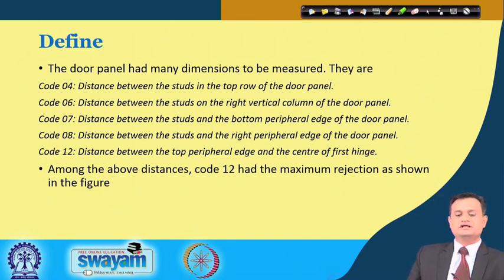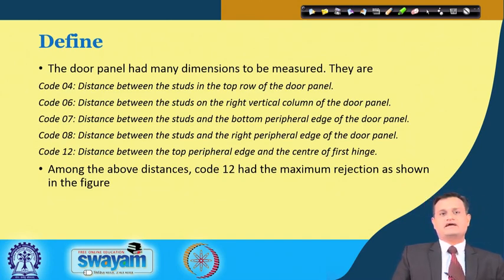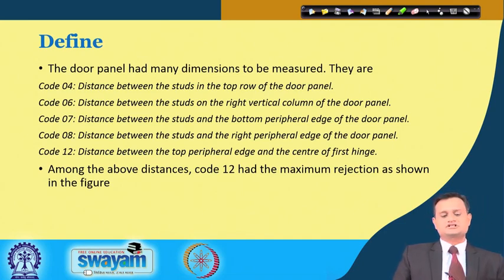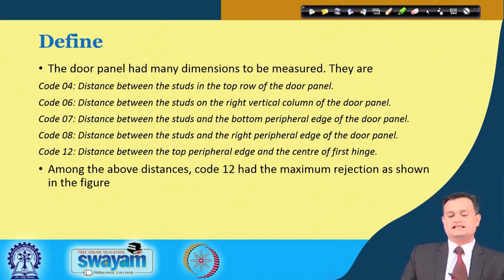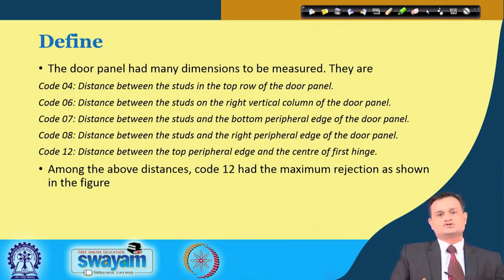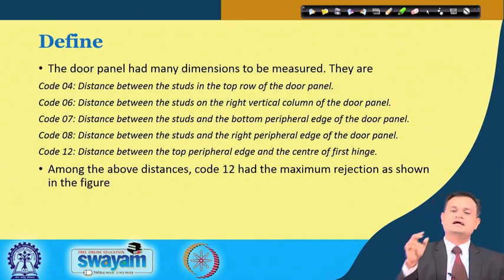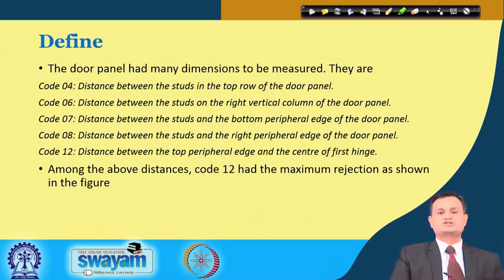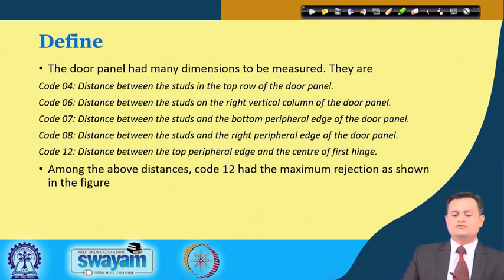Code 8 is the distance between the studs and the right peripheral edge of the door panel, and code 12 is the distance between the top peripheral edge and the center of the first hinge. So in their own context they have defined the various characteristics to be measured, and given each a specific code.